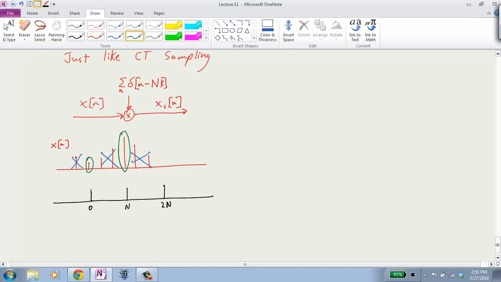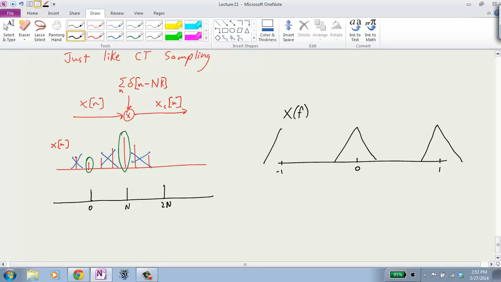But this again, because of the convolution property, this says that x of f this time, because it's discrete time, had to be repeating. Okay, so it had some spectrum.